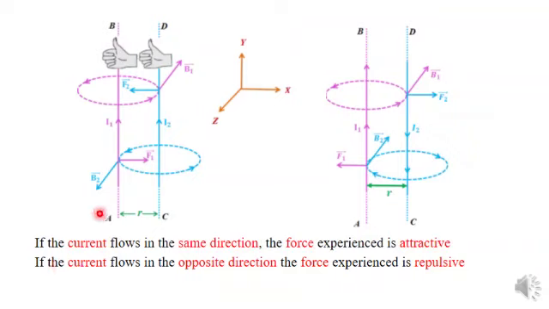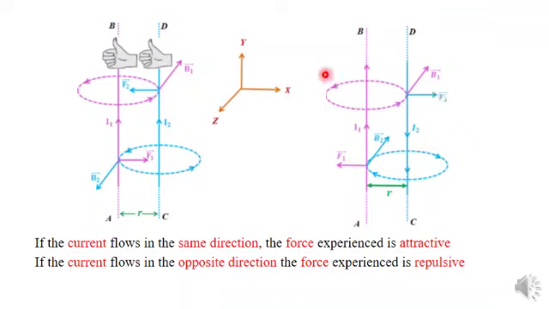So as we discussed before, if the current flows in the same direction, the force experienced between them is attractive. F2 is towards minus x direction and F1 is towards plus x direction. So it is attractive in nature. Similarly, if the current flows in opposite direction, then F1 will be in minus x direction and F2 will be in plus x direction.